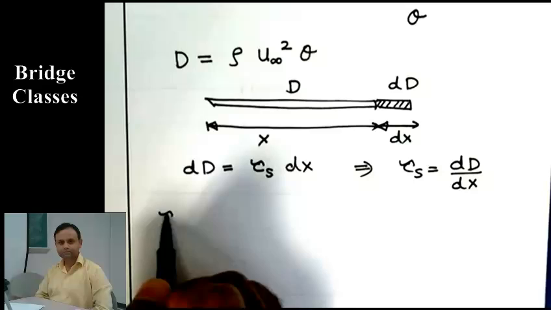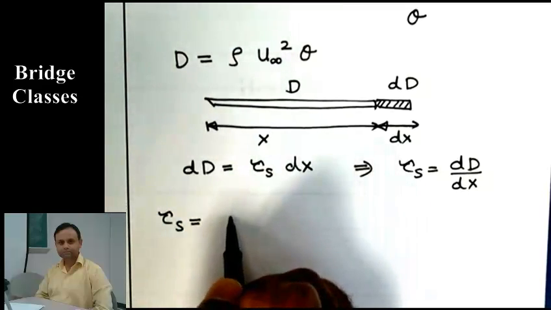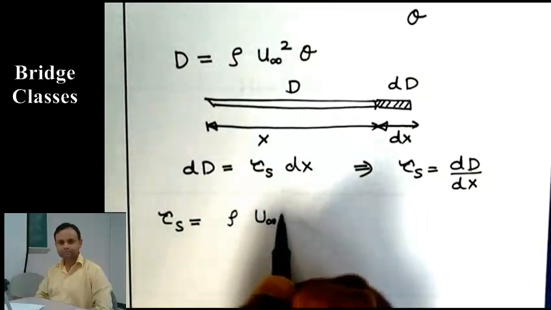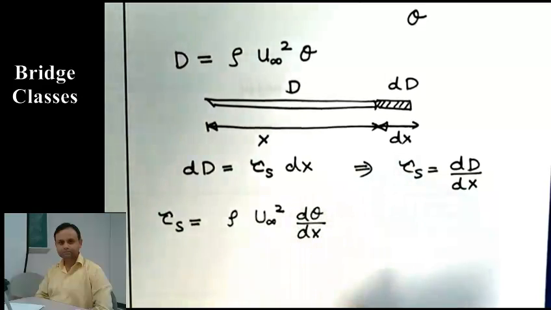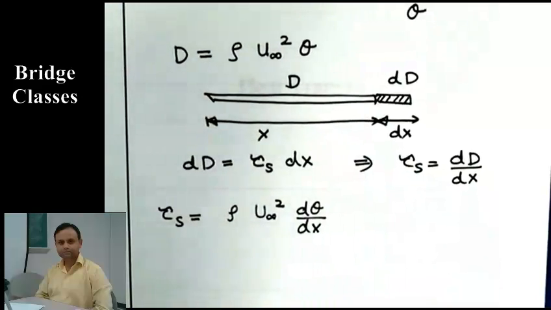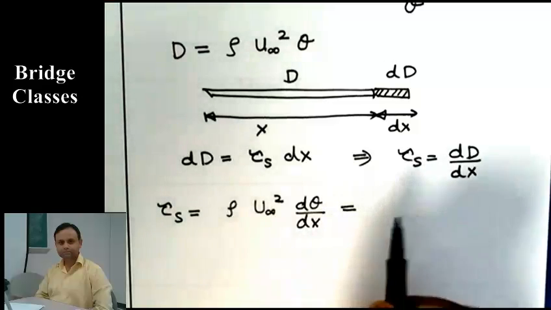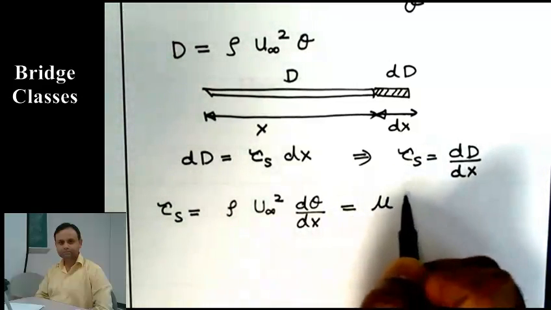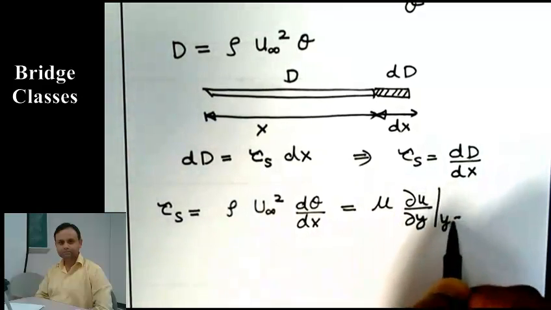So we can write an expression tau s equals, we have an expression for D, just differentiate this. It will become rho u infinity square d theta dx. So that is the local shear on the plate, tau s. And you know tau s is also equal to mu del u del y at y equals 0.